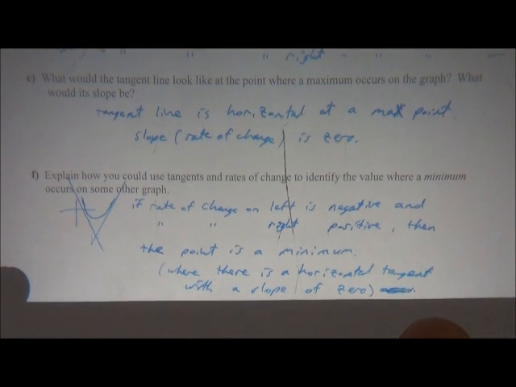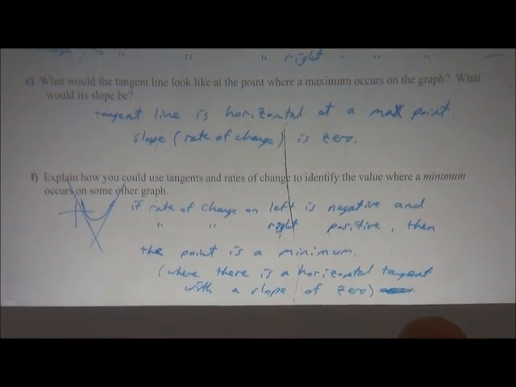So the more detail you put into your answers, the better. Basically, the better you understand it, and the better I understand you. Any questions about those follow-up questions to the graph?